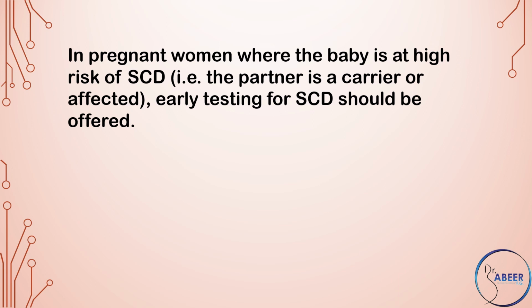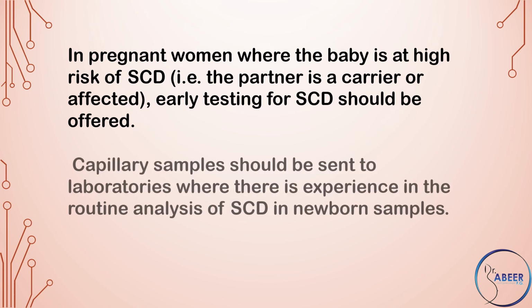In pregnant women where the baby is at high risk of sickle cell disease, for example, the partner is a carrier or affected, early testing for sickle cell disease should be offered. Capillary samples should be sent to laboratories where there is experience in the routine analysis of sickle cell disease in newborn samples.